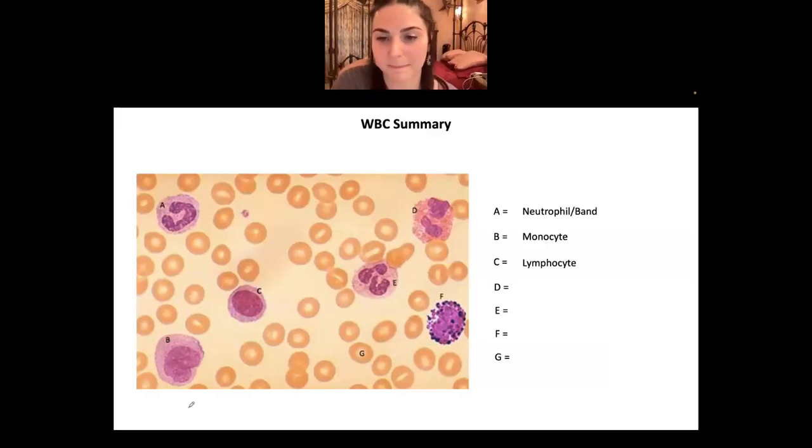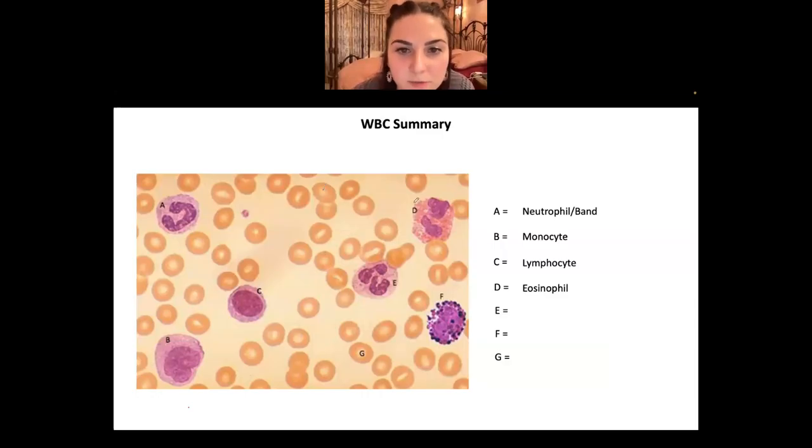Okay, D. Okay, good. So this is an eosinophil.